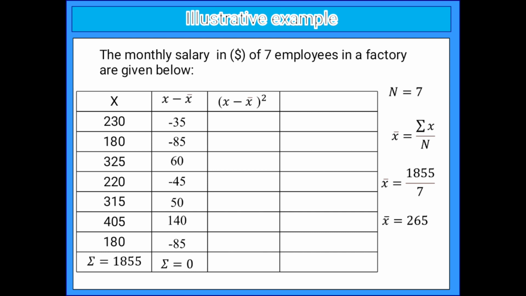Alright, so let us square this. 35 squared is 1225, 85 squared is 7225, 60 squared is 3600, 45 squared is 2025, 50 squared is 2500, 140 squared is 19600, and 85 squared is 7225.